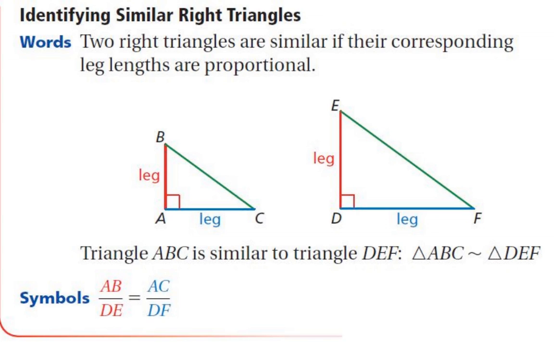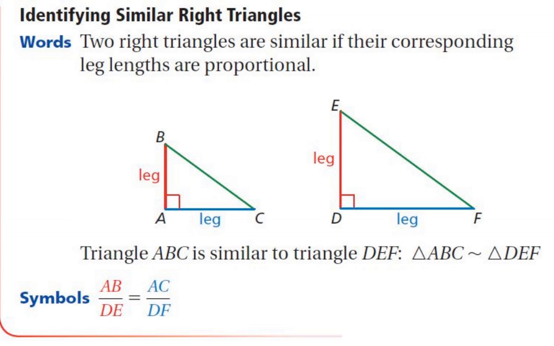That is a more specific case of the definition of similar polygons because it's a right triangle as opposed to just any kind of polygon. But this is the kind that we will be using in this class to demonstrate something later this week.